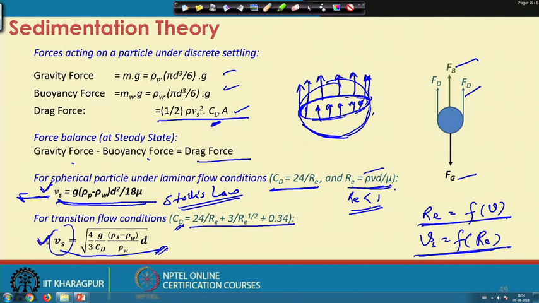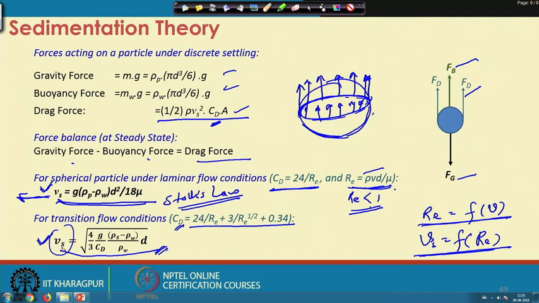But if the Reynolds number is more than 1, that means the estimate of the velocity that we made is incorrect. So, we still use that estimate of the velocity, compute the Reynolds number, use it to find the C d, and then estimate a new velocity. So, we get another estimate of velocity.